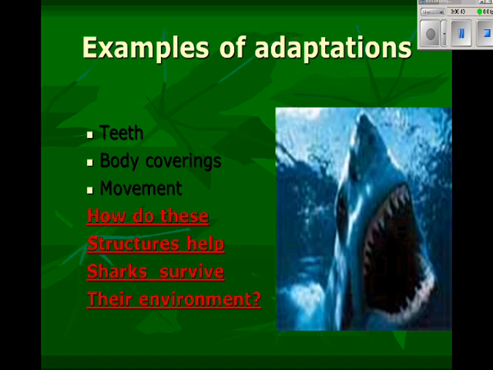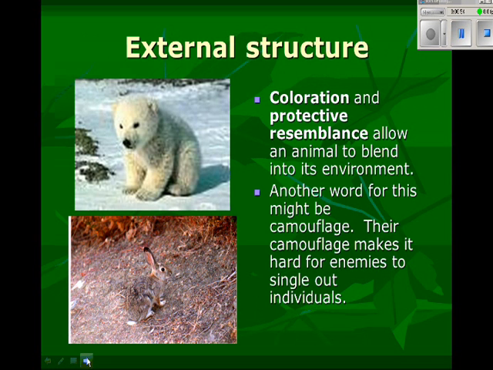Examples of adaptations: teeth, body coverings, and movement. How do these structures help sharks survive their environment? Okay, external structure. Coloration and protective resemblance allow an animal to blend into an environment.